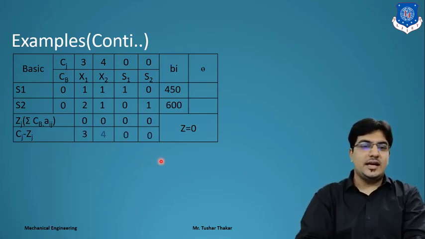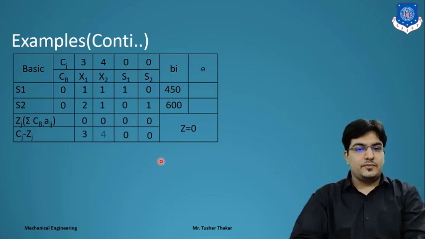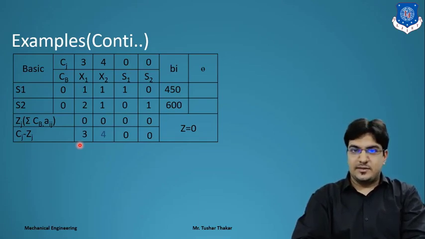The question is how many times we will repeat the same iteration. Keep in mind one thing: whenever we get cj minus zj less than or equal to 0, our problem is solved for the maximization problem.